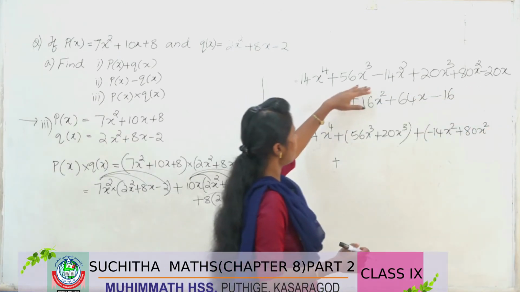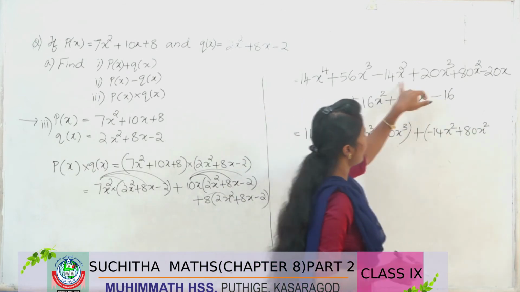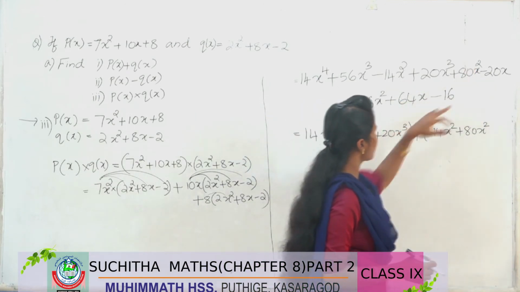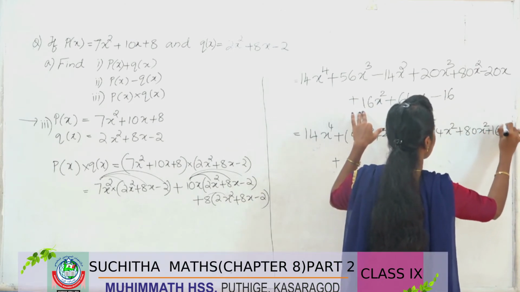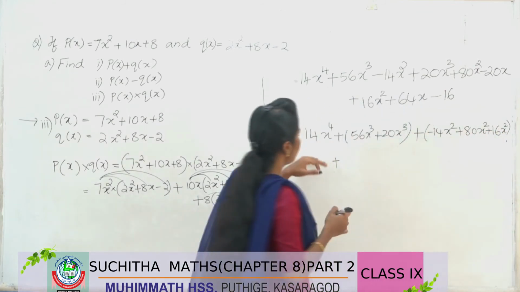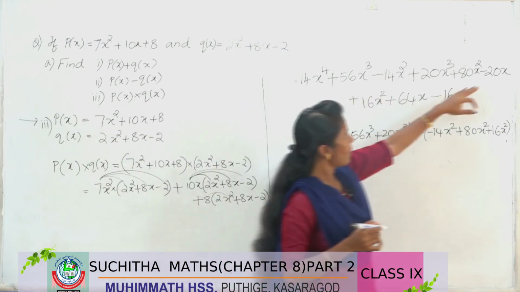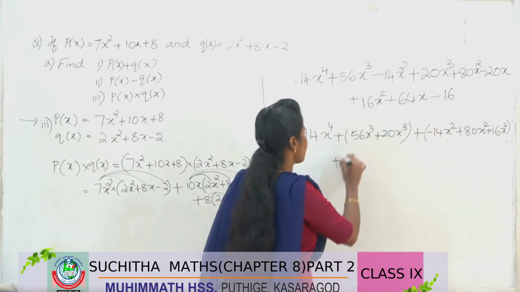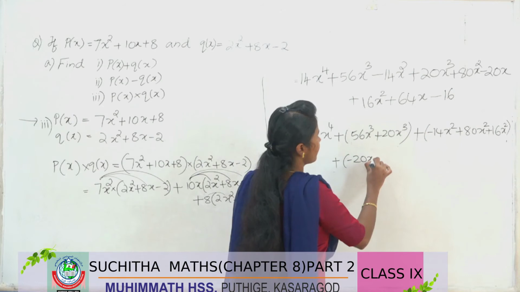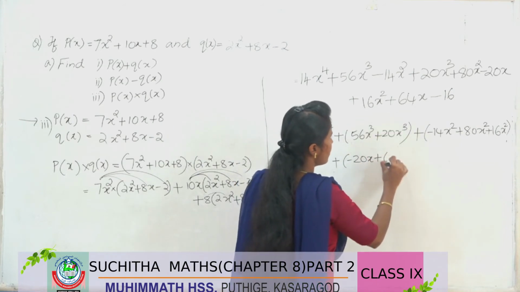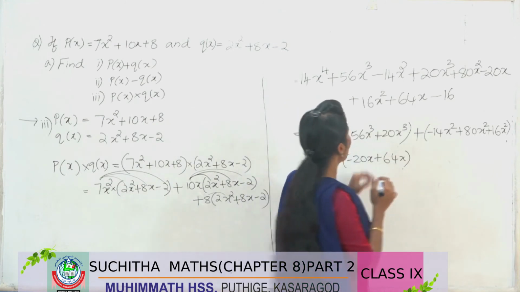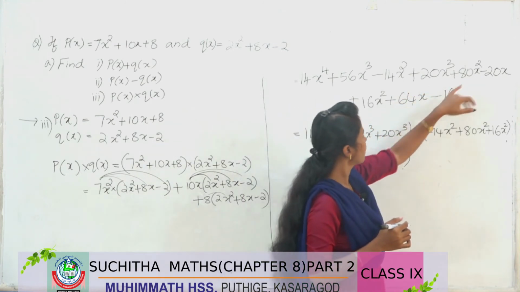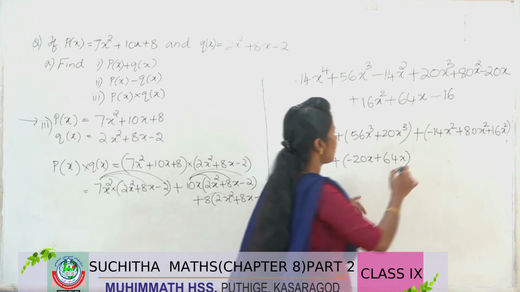There are three square terms: minus 14x square plus 80x square plus 16x square. Next, x terms are minus 20x plus 64x. Then the constant term is minus 16.